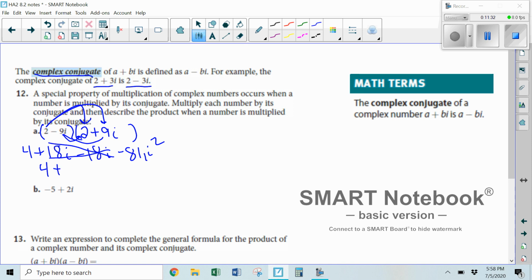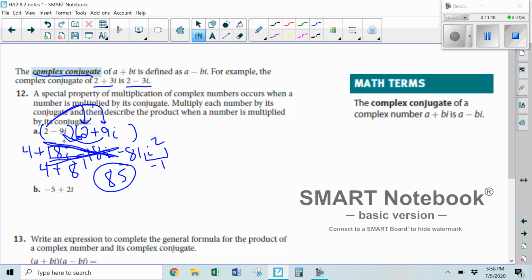And then i squared is negative 1. So I have negative 81 times negative 1, which is positive 81. So I get 85.